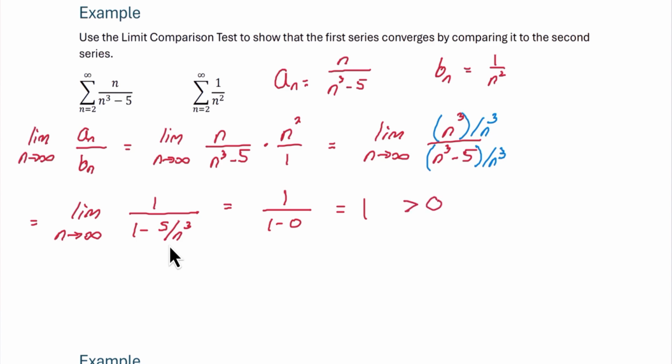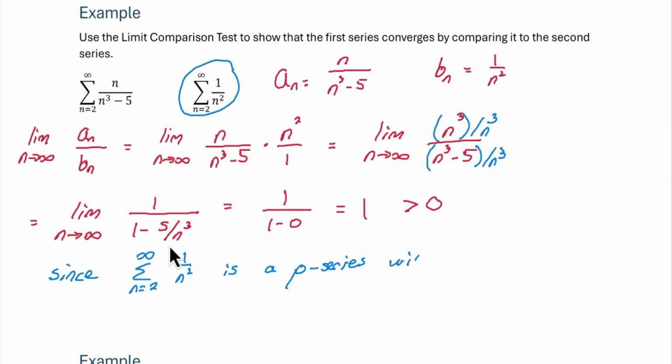And recall, we know a little bit about this second series that we were comparing the original to. Since the sum from n equals 2 to infinity of 1 over n squared is a p-series, it's actually a partial p-series, since we're not starting at 1, but we can still start at 2, that's okay. So p-series with p equal to 2, which is greater than 1.